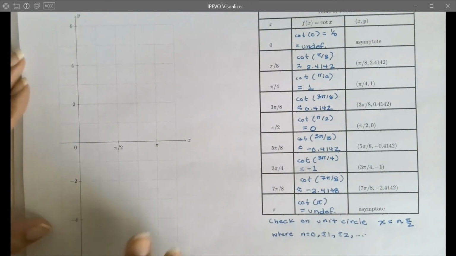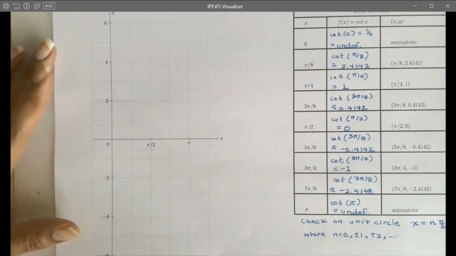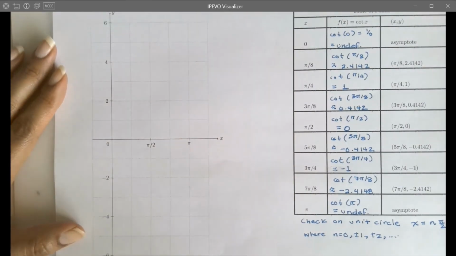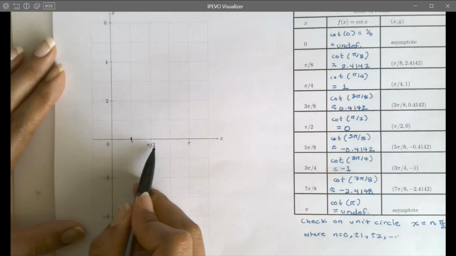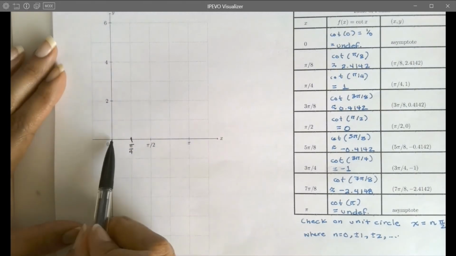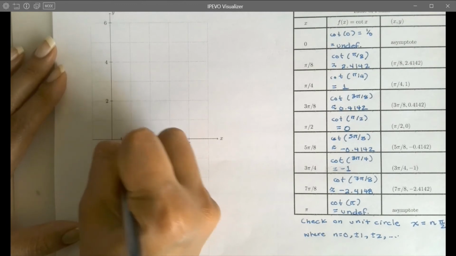Okay, so let's plot those, and notice this also has multiples of pi over 8, so I'm going to draw those tick marks before anything. Halfway between 0 and pi over 2, I'll find pi over 4, and then halfway between 0 and pi over 4, I'm going to find a pi over 8.